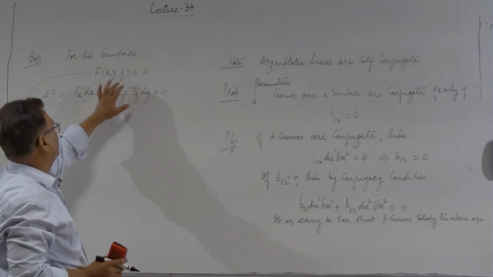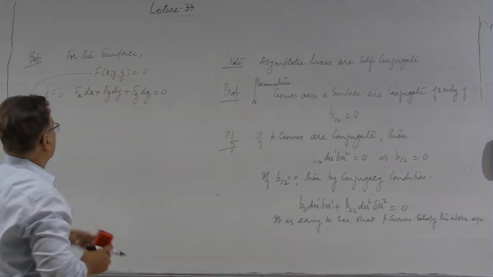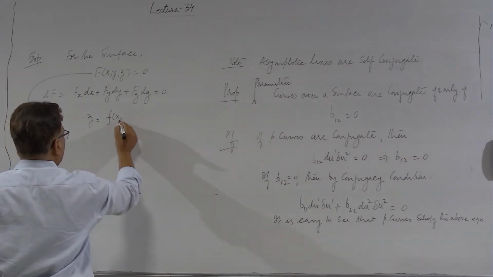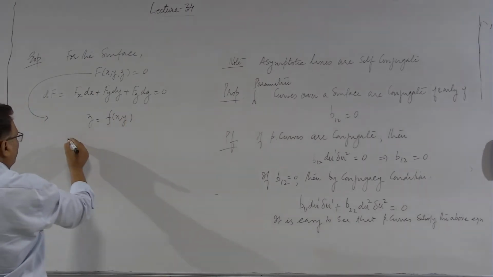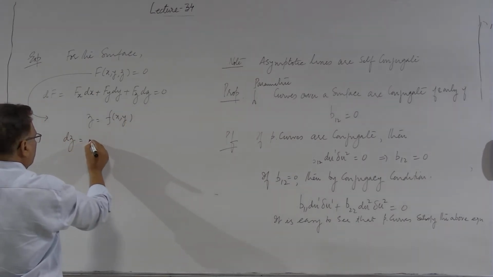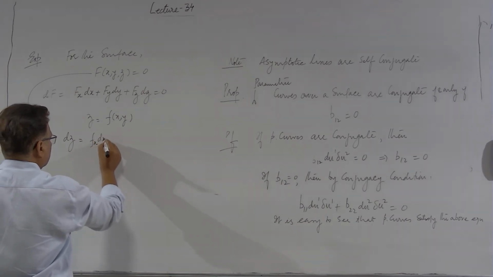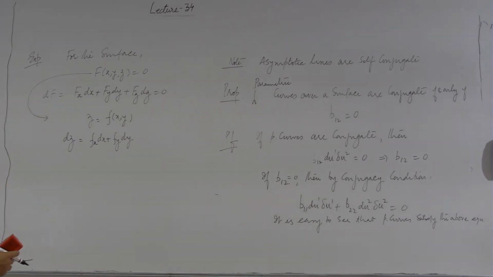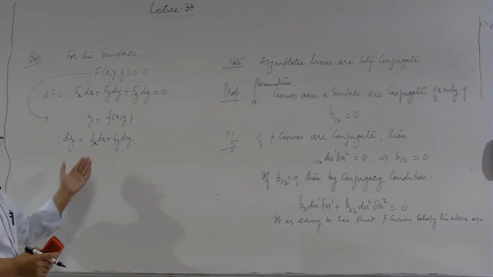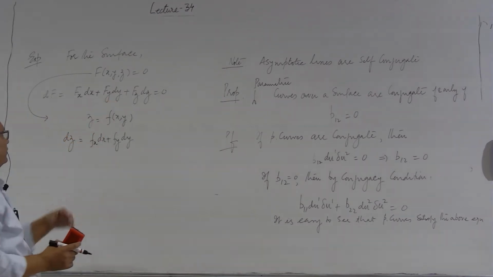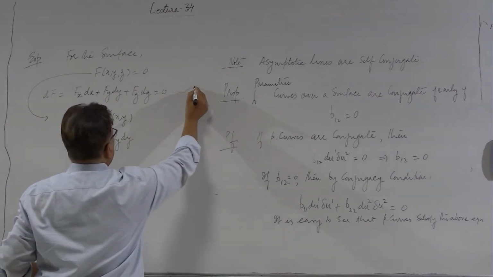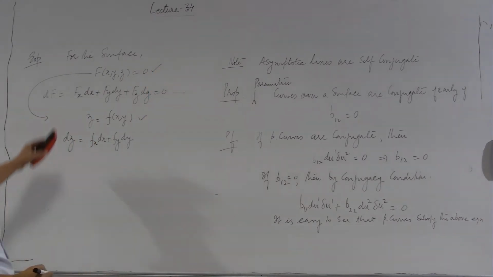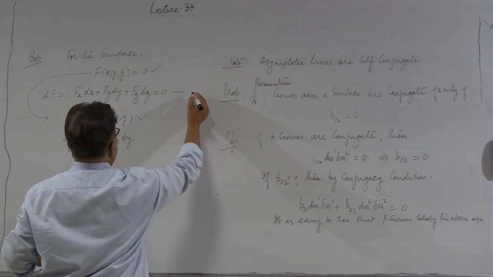So, suppose f_z is non-zero, then this equation is written as z equal to some other function small f of x, y, and from here you can see that dz equals f_x dx plus f_y dy, where f_x and f_y mean partial derivatives with respect to x and y, same over here also. So, if this and this equation represent the same surface, then their derivatives will also represent the same tangent plane.